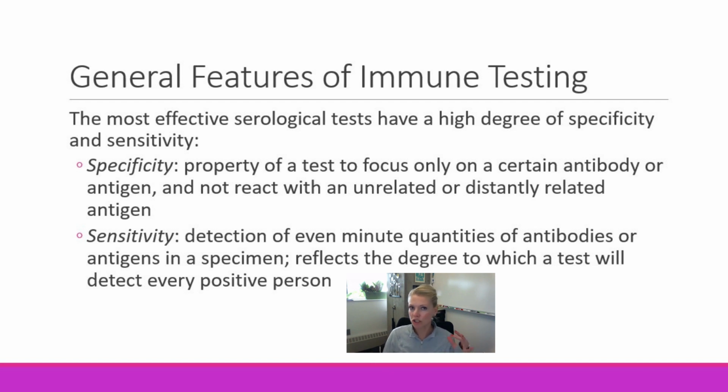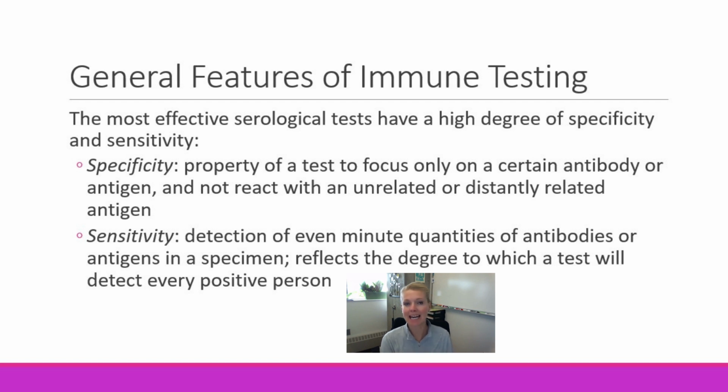But then there's also the term sensitivity, and that is a reflection of how small of a quantity needs to be present in order for the test to be able to find it. And so it reflects the degree to which a test will detect that antigen or antibody in every positive person.